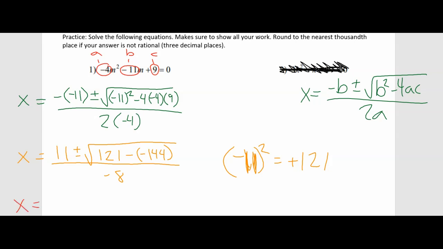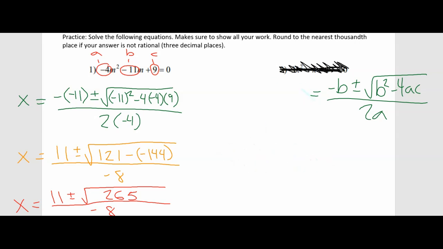So I'm going to get x is equal to 11 plus or minus the square root of 121 minus -144. Well, that's really like adding. So I get 121 plus 144, and that's going to give me 265 all over -8.